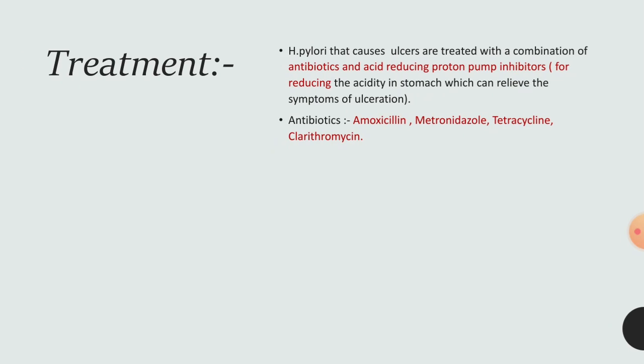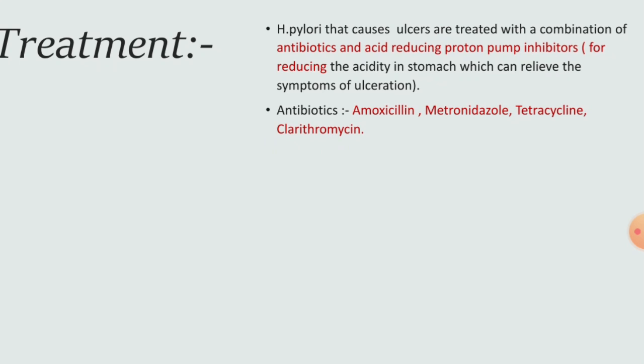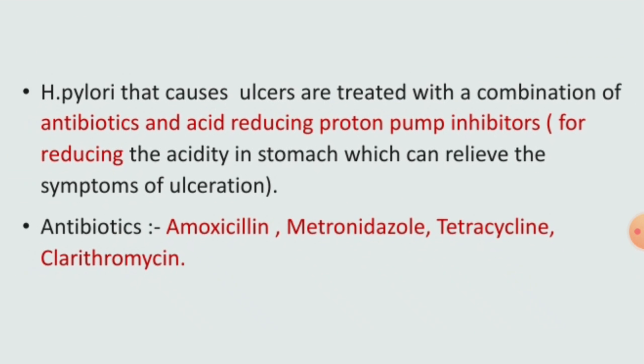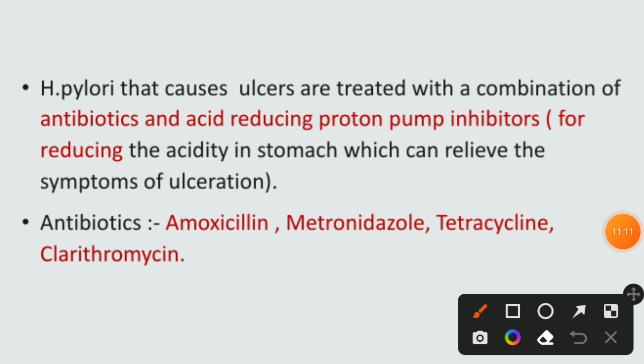So it is nothing new that as it is a bacteria, we are going to use antibiotics. In addition, another thing I want to mention, remember here the main culprit for the ulceration process is the acid. Okay, here Helicobacter pylori only provides the way for the leakage of the acid, right?